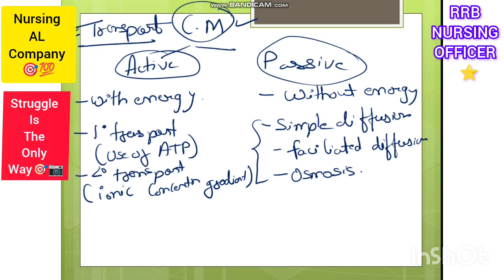For the examples, if asked: endocytosis, ingestion of substance by the cell, and exocytosis, discharge of the particle of the cell. In endocytosis comes phagocytosis, that is ingestion.